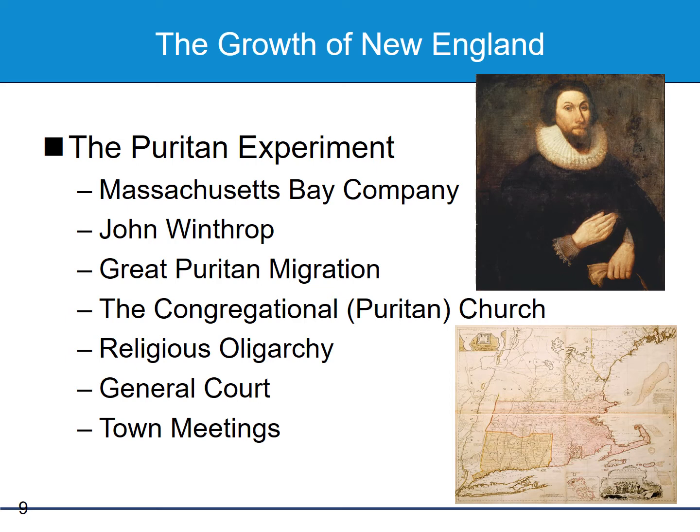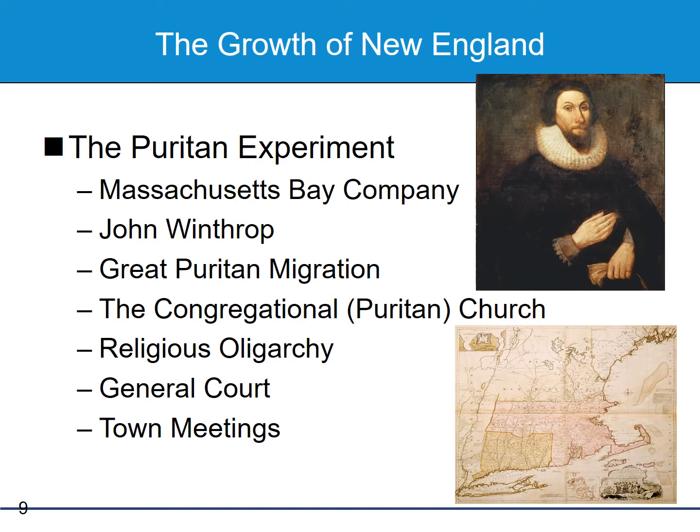Eventually, by the time we get to the American Revolution, that number had greatly increased, where most people could vote in the colony because they were members of the church, but they had more selective membership in order to hold political office.